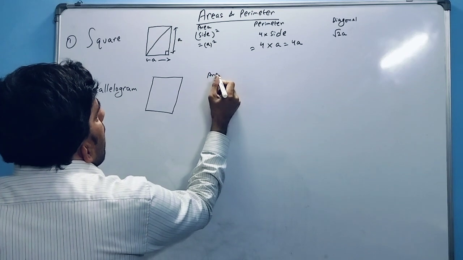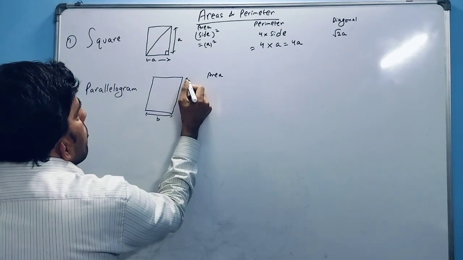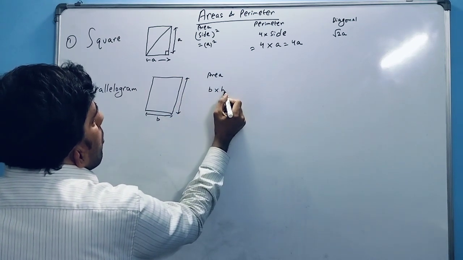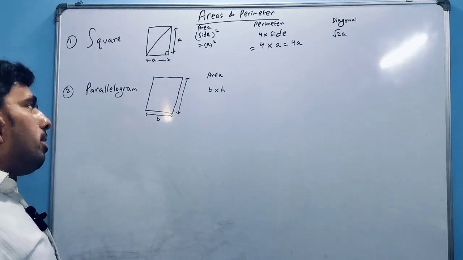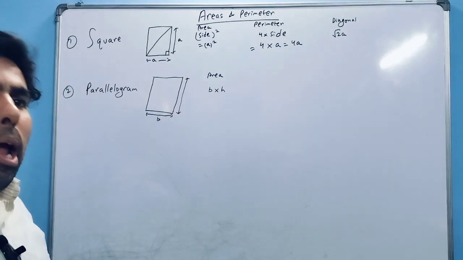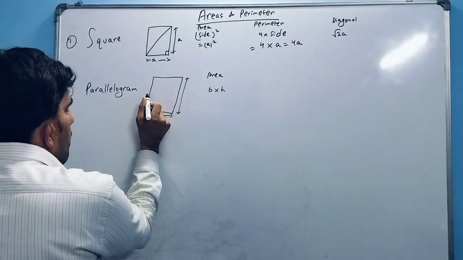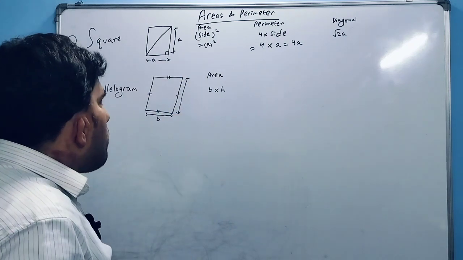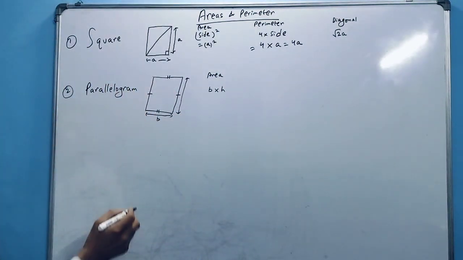If I need to find its area, that is base into height. We all know that a parallelogram has opposite sides parallel and equal, and opposite angles are also equal. That is about the parallelogram.